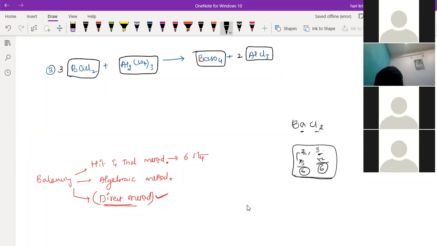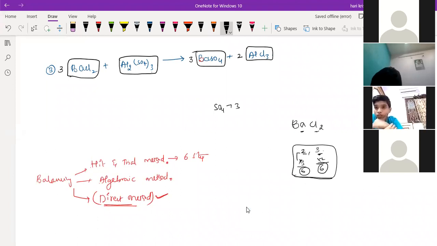So on the product side for BaSO4 you'll add 3. Here how many sulfates are there? 3 sulfates are there. But on the right side only 1 is there. If you add 3 here, everything is balanced, right? Sir, how will the barium change if we are balancing the chloride thing?